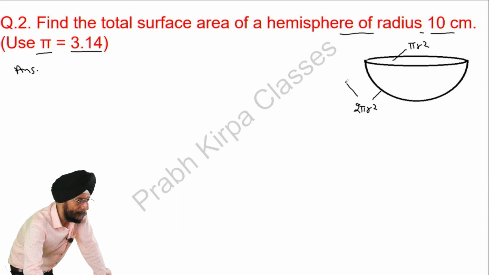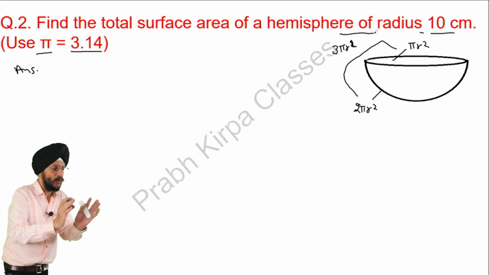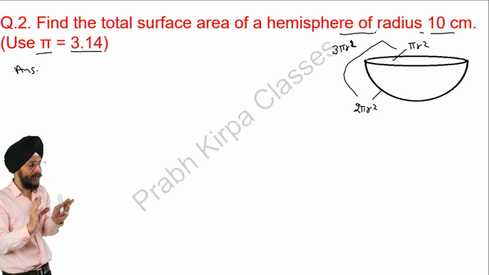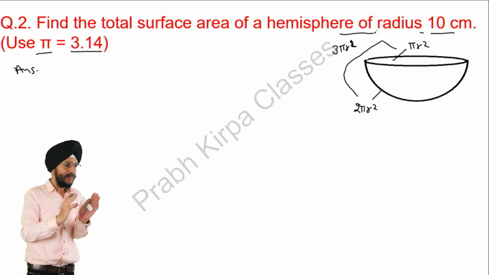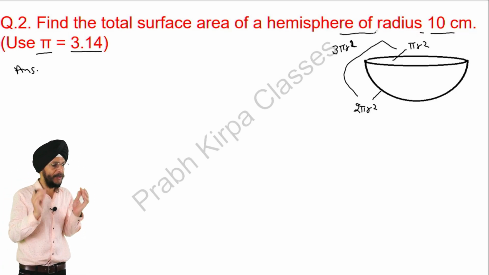And if we combine both, that is the curved surface area and the area of flat face, we arrive at the total surface area of hemisphere. It becomes 3 pi r square. This calculation has been shown to you so that you may remember the same forever and you need not cram the formula.